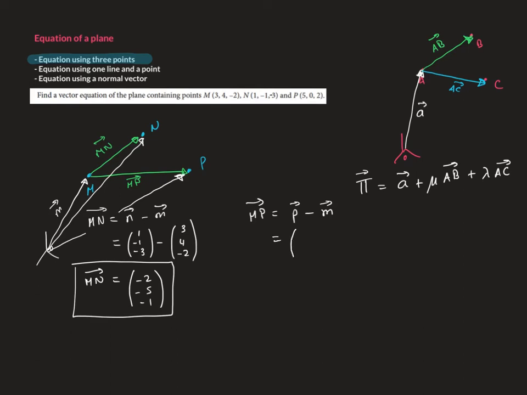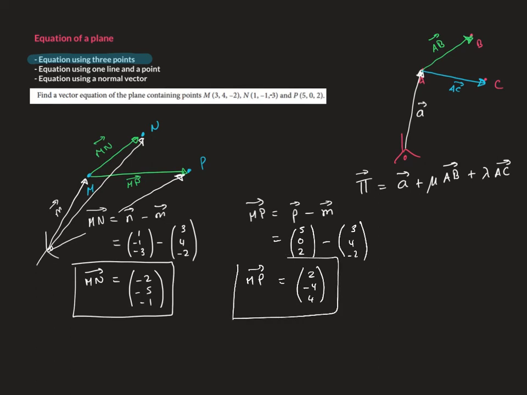Vector P is also given. It is 5, 0, 2. And vector M is 3, 4, minus 2. So vector MP is the vector 5 minus 3 is 2, minus 4, and 4. We got our second vector right here.